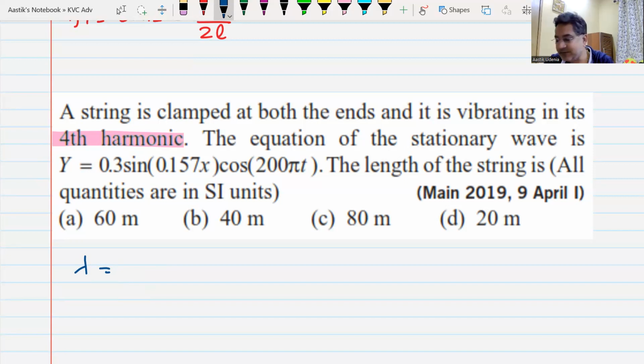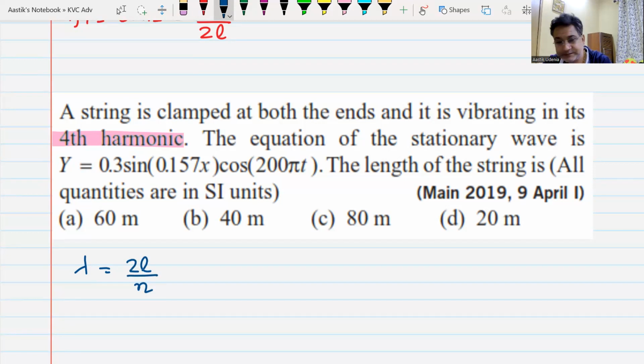First harmonic, lambda is 2L. Second harmonic, forgotten. So for the nth harmonic, it will be 2L divided by n. Lambda gets divided.